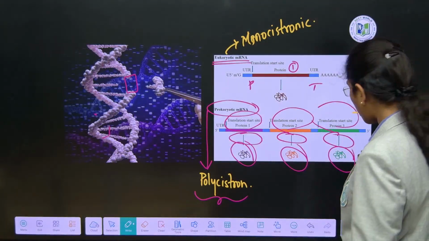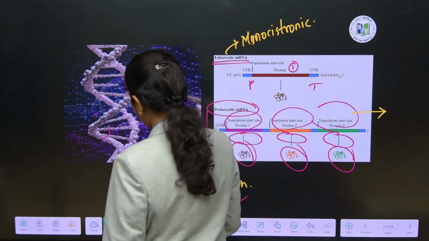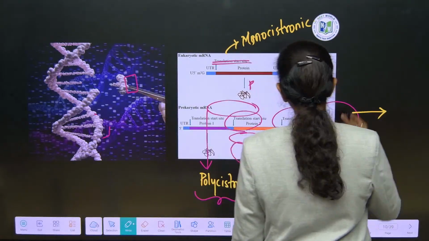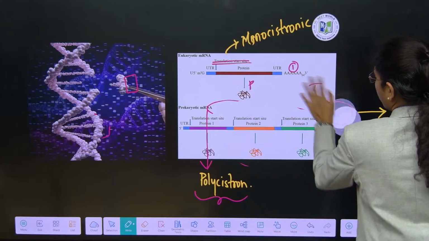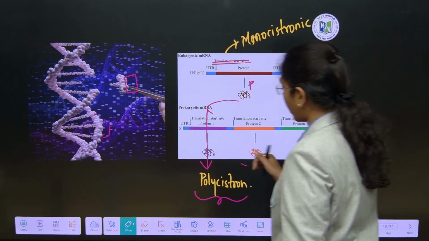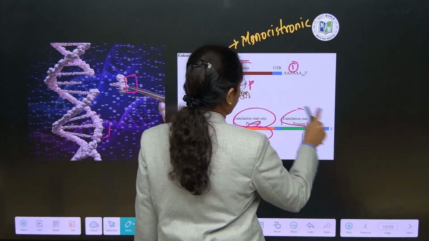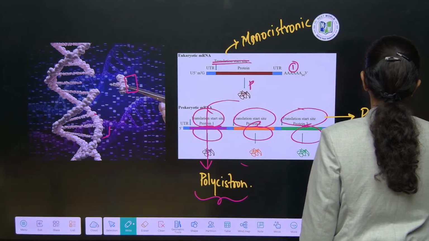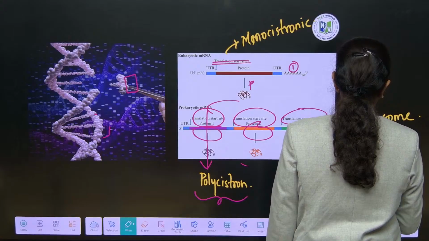We have observed this polysome in cell biology, yes or no?